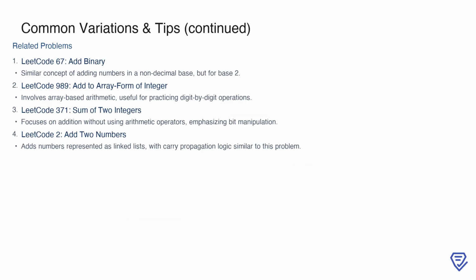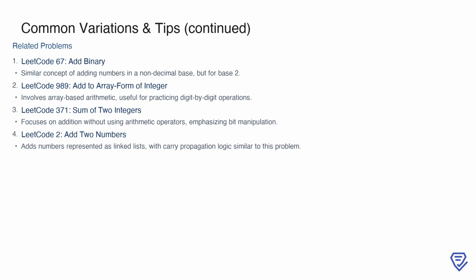Additionally, there are several related problems that can help you practice concepts similar to Negabinary addition. For example, LeetCode problem 67, Add Binary, involves adding numbers in base 2, requiring a similar understanding of non-decimal bases. Problem 989, Add to Array Form of Integer, focuses on array-based arithmetic, which is helpful for mastering digit-by-digit operations.